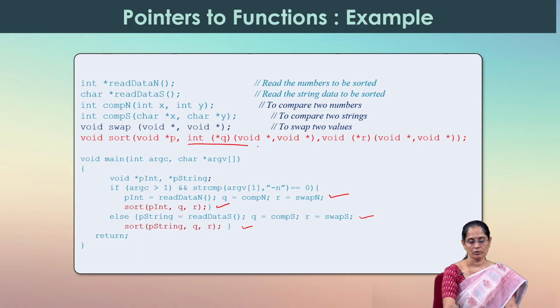So the function name sort is going to be the same for both integer as well as string, whereas we are going to pass the pointer to the functions. While passing the pointer to the function, we just pass the array or the location of that function. By doing so, we will be able to differentiate these two functions even though the function name is the same.